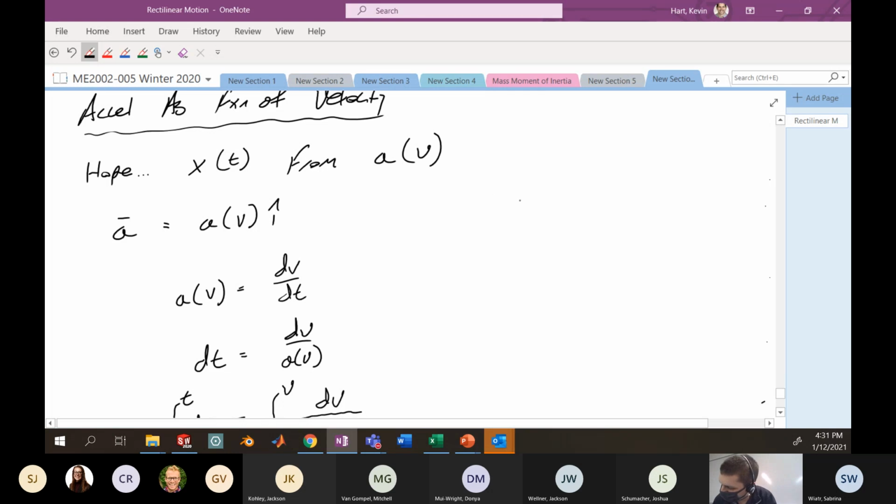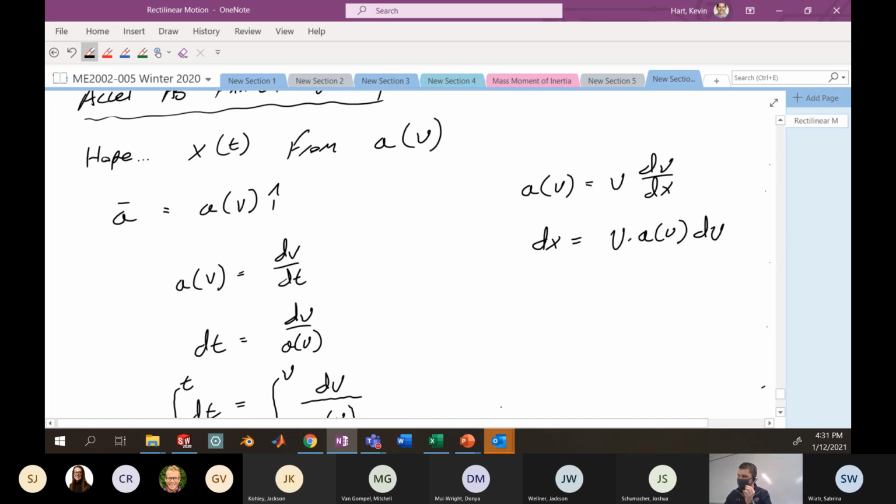I can simultaneously work a different angle. Remember, my alternate expression for acceleration is v dv/dx. Again, I can get all my velocities on one side, all my positions on the other side. So I'll move my dx to the left-hand side, move all my velocities to the right-hand side. It's v times the acceleration as a function of velocity times dv. Bit of a strange expression.